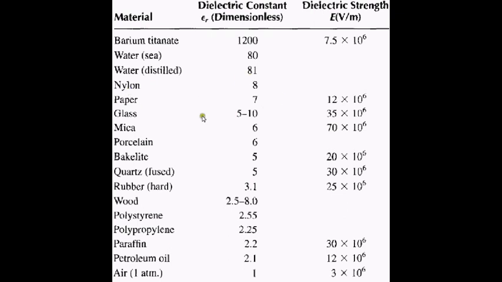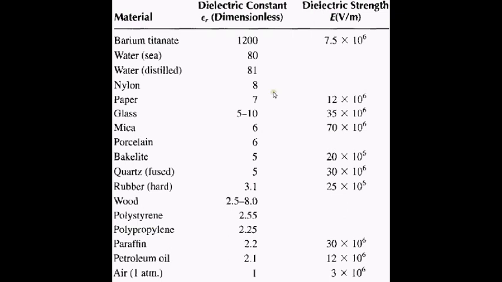Nylon, paper. In air, that is 1, and here the vacuum permittivity does not exist, but we already know what the vacuum permittivity is. The permittivity of air and vacuum is approximately the same.